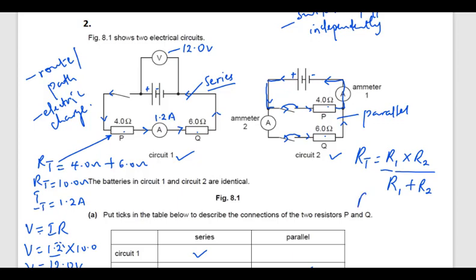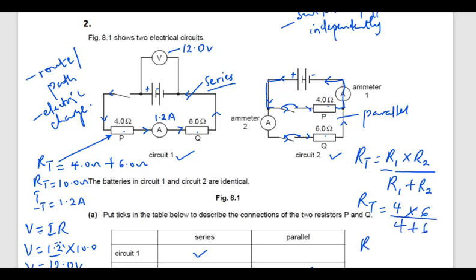So we have R total equals R1 times R2 over R1 plus R2. I can assume R1 to be 4 or 6, anyone. So we have 4 multiplied by 6 divided by the sum 4 plus 6.